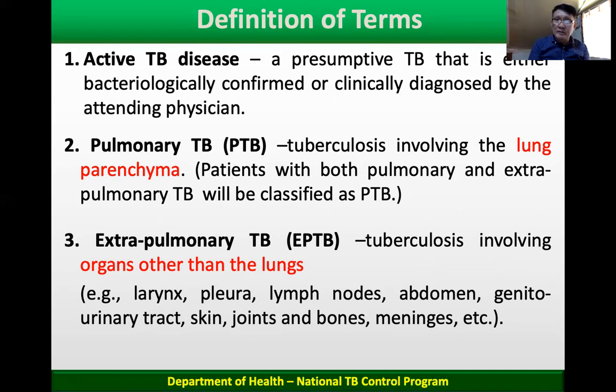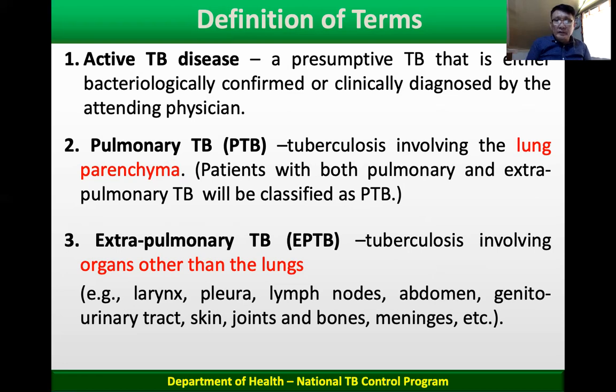Simply, it is a presumptive TB that is either bacteriologically confirmed or clinically diagnosed by the attending physician. So when you say bacteriologically confirmed, this pertains to the diagnosis in the laboratory. And when we say clinically diagnosed, it has to do with the decision of the attending physician to diagnose active TB disease.